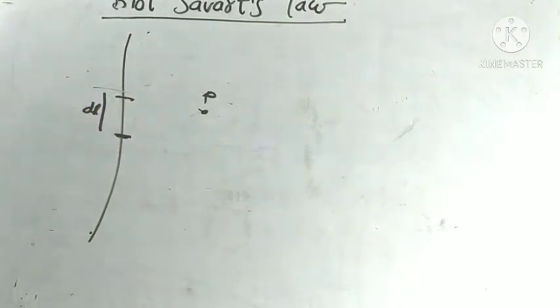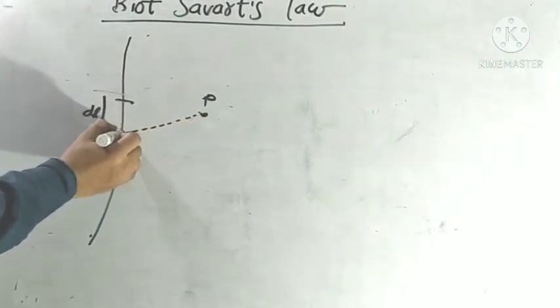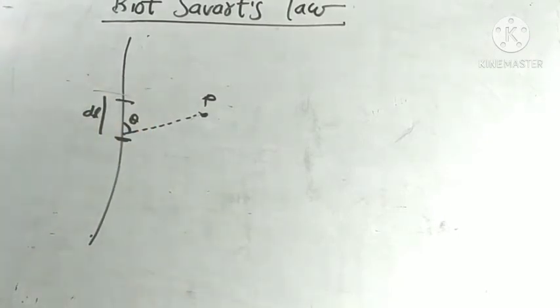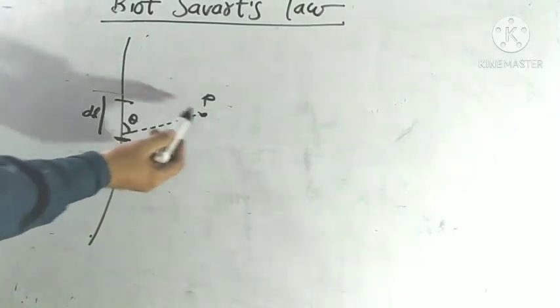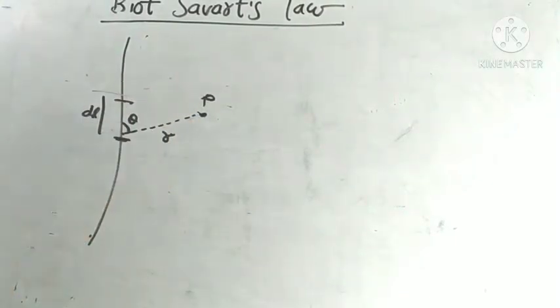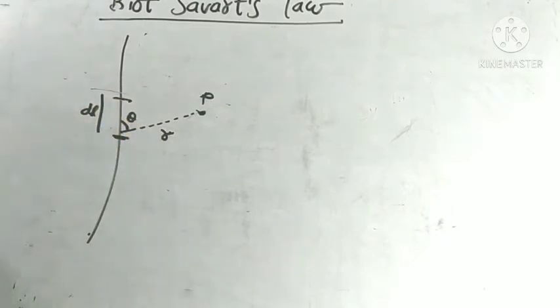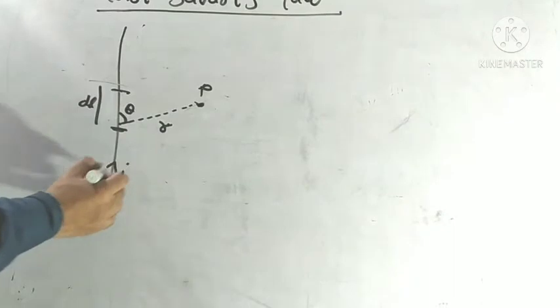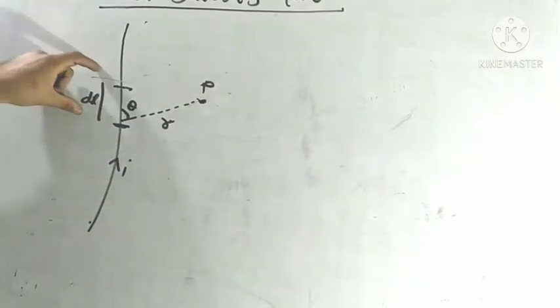Now we draw a line which makes an angle theta with this small element, and the distance of point P from this small element is r. Now we have to find the magnetic field at point P due to this small element dl. Current flows along this direction.